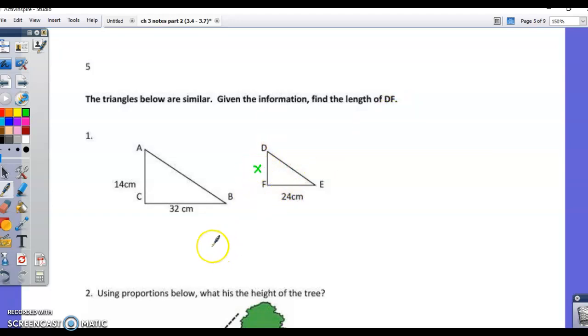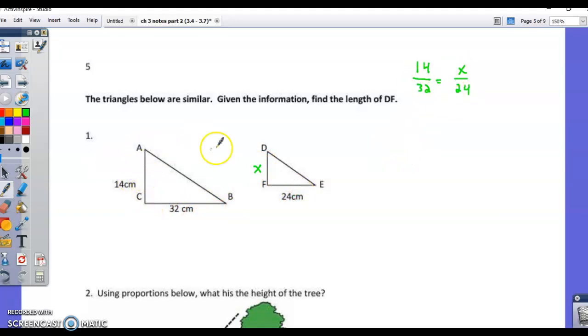We can call that X. So we can set this up in multiple ways. We can compare 14 to 32 to X over 24. So we can say 14 over 32 equals X over 24, because this is corresponding with X. This 32 is corresponding with 24, so they're on the same side here.